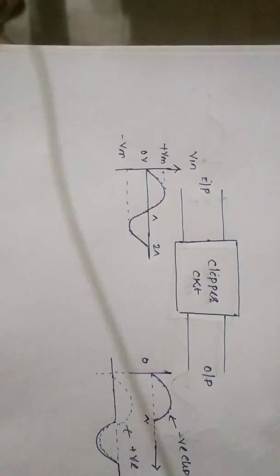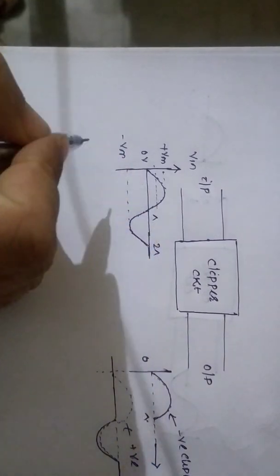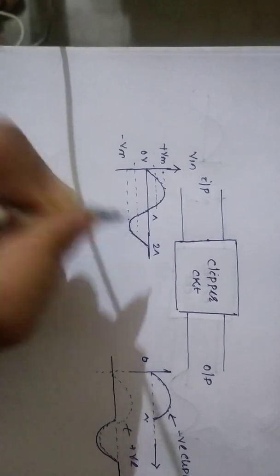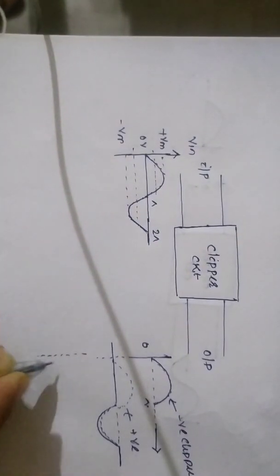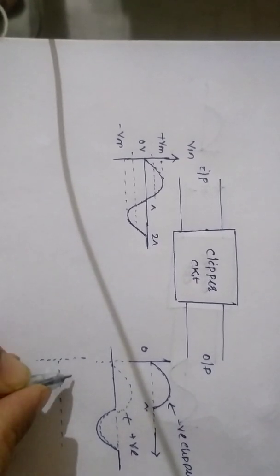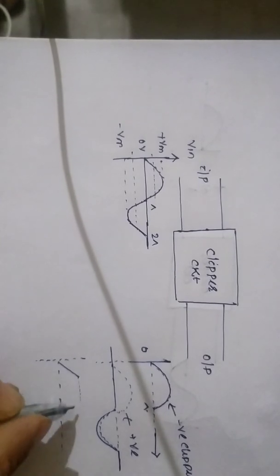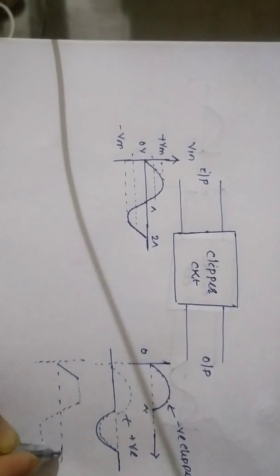In certain applications, we have to remove some part of the positive half and some part of the negative half. I mean to say, in the output I want to get back a certain portion of the positive half and a certain portion of the negative half.